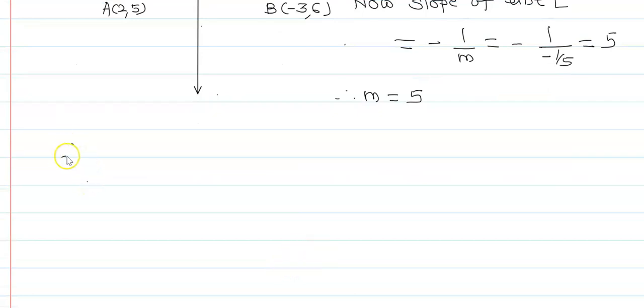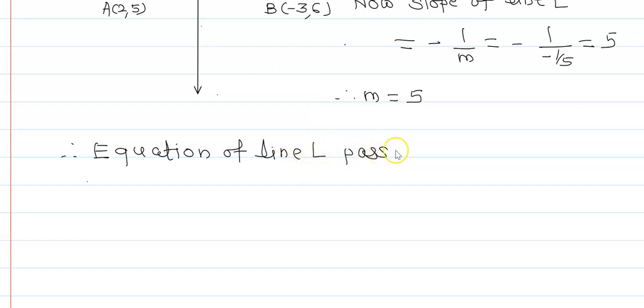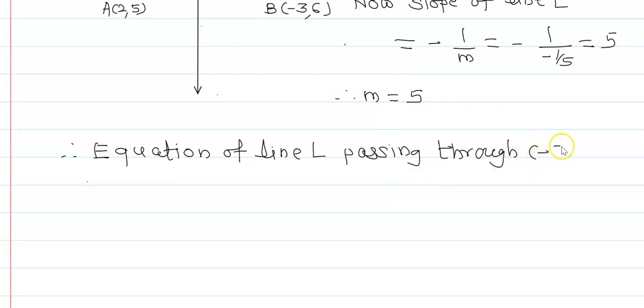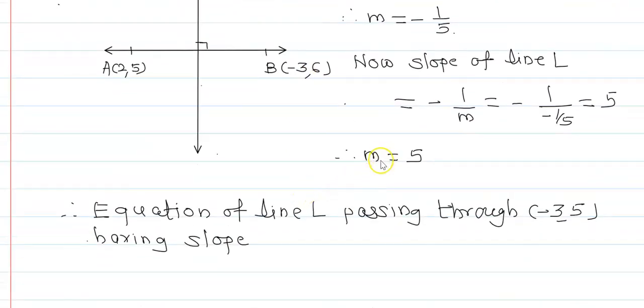Therefore, the equation of line L passing through the point (-3, 5) having slope m1 equal to 5.